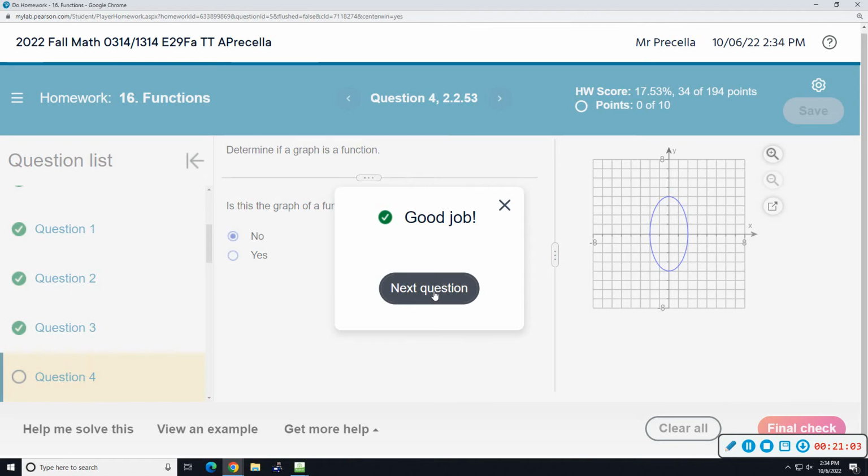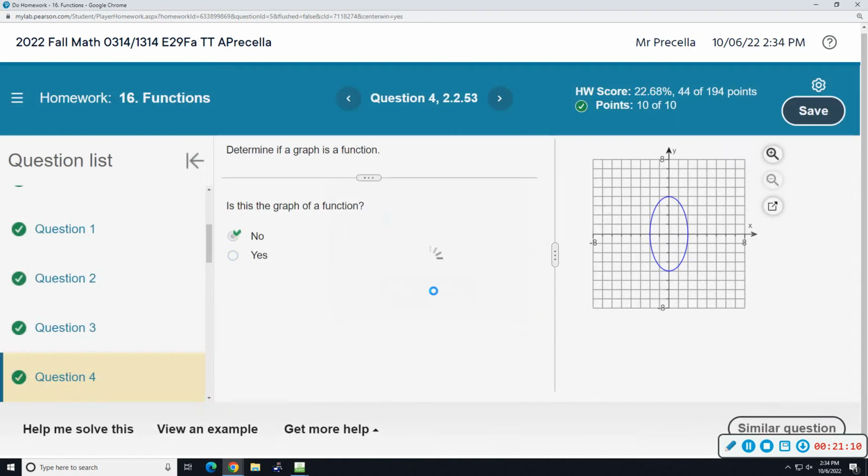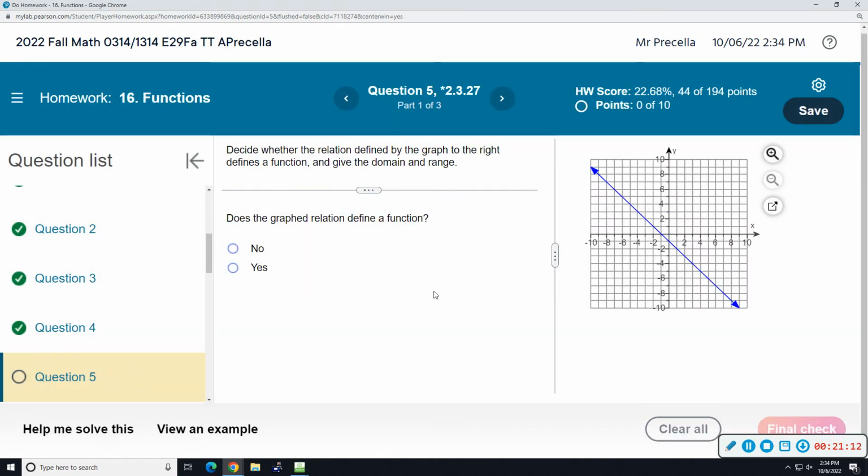What are we doing? We're using the vertical line test to decide if a graph is a function. Oh wait, I think we've almost done this problem. It asks, decide whether the relation defined by the graph to the right defines a function. Wow, they want to use a lot of words. Is this graph a function?